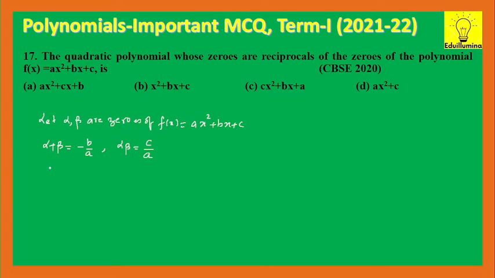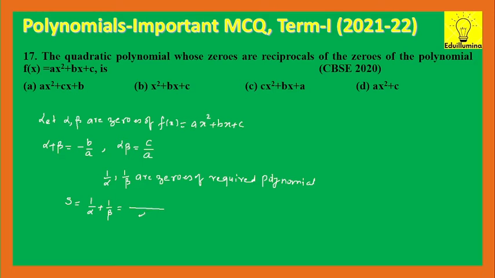Now we want to find out a polynomial whose zeros are reciprocal of the zeros of f of x. So let 1 upon alpha and 1 upon beta be the zeros of the required polynomial. So the sum of zeros of the required polynomial will be equal to 1 upon alpha plus 1 upon beta.